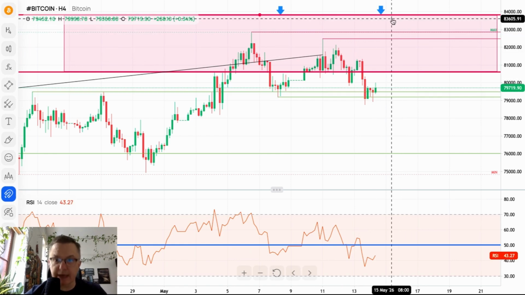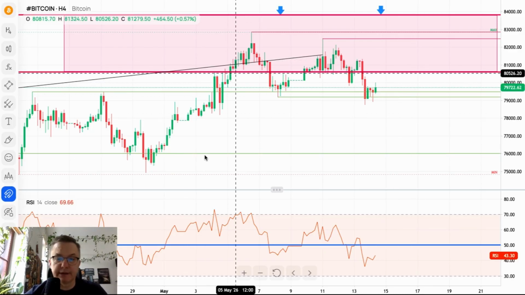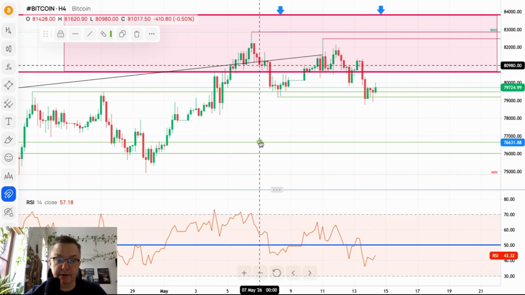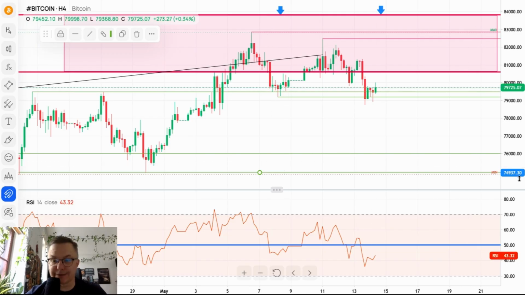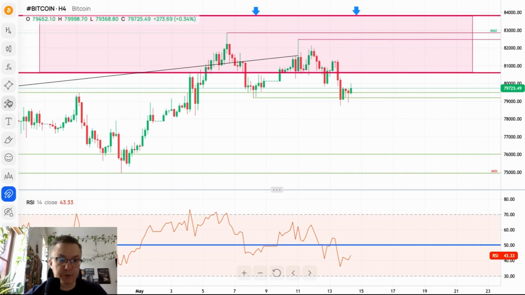If there is no breakout and strong impulsive movement to the upside, the market might reverse even lower. The next target might be located roughly around 76,000, or even the swing low, the last low before the new swing high, 74,937.